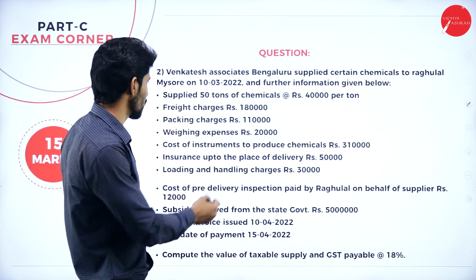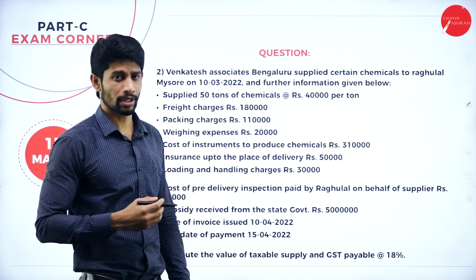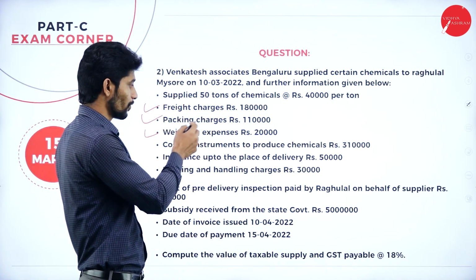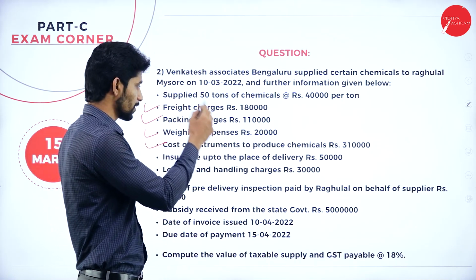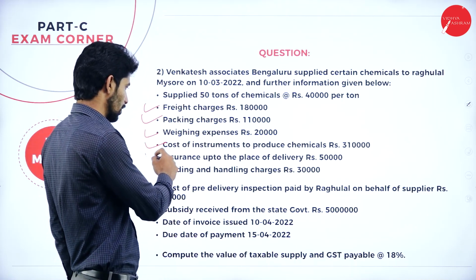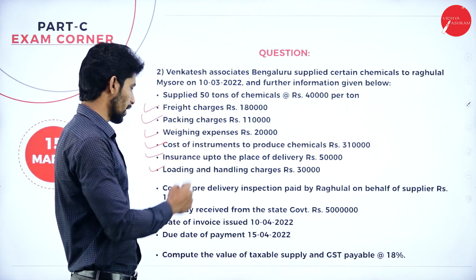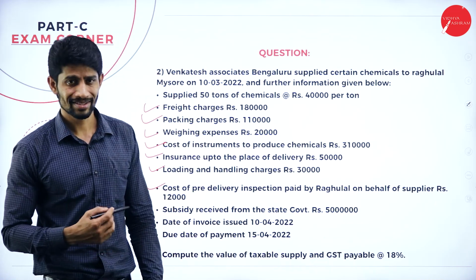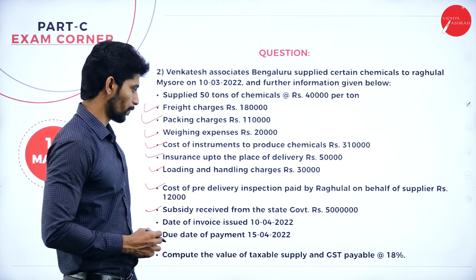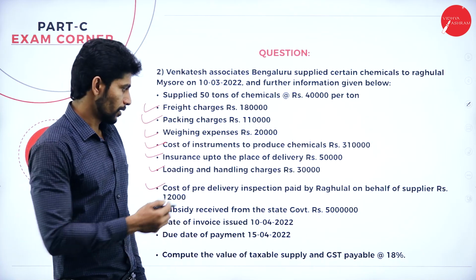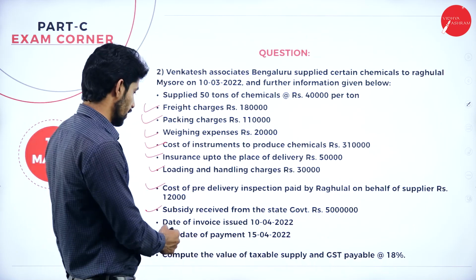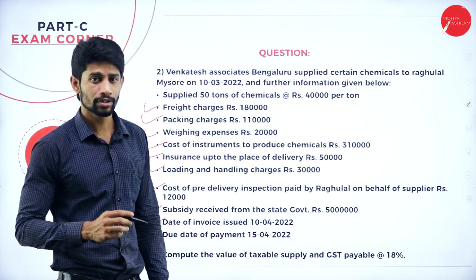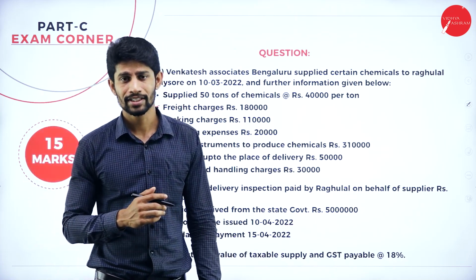Here they have given the information relating to supplied 50 tons of chemicals at 40,000 per ton, and freight charges, packing charges, weighing expenses, and cost of instruments to produce chemicals are given, insurance up to the place of delivery, loading and handling charges, and cost of pre-delivery inspection charges by Ragulal on behalf of the supplier, and subsidy received from state government rupees 50 lakhs. Next, date of issue of invoice and due date of payment, and at the last they asked you to find out the value of taxable supply and GST payable.